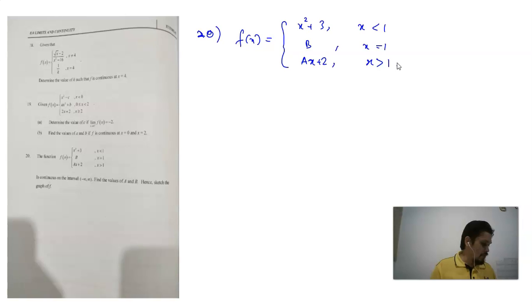If f is continuous on the interval from negative to positive infinity, find the values of a and b and sketch the graph of f(x).